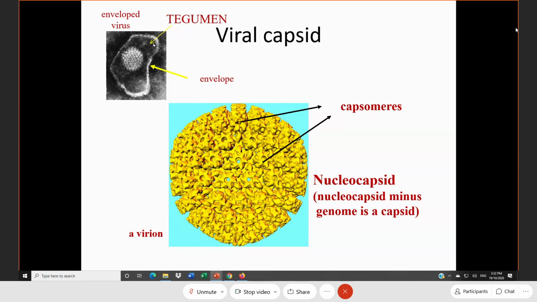So there is a space between the envelope and the capsid. This space contains certain proteins, normally non-structural, that become a factor for the virus to start replication when the virus infects. In the case of herpes virus, we call it tegument. So this is herpes virus, and herpes virus is an enveloped virus. Okay? Right? Envelope, yeah.